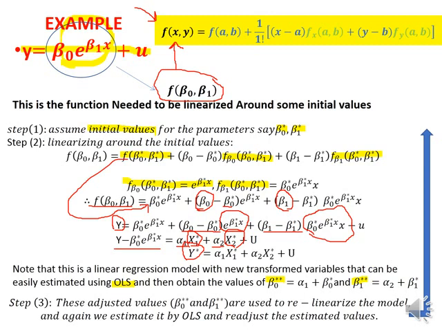So now I have new values. Instead of beta naught star and beta 1 star, I have beta naught double star and beta 1 double star. Then I will use these values to relinearize using the Taylor expansion.